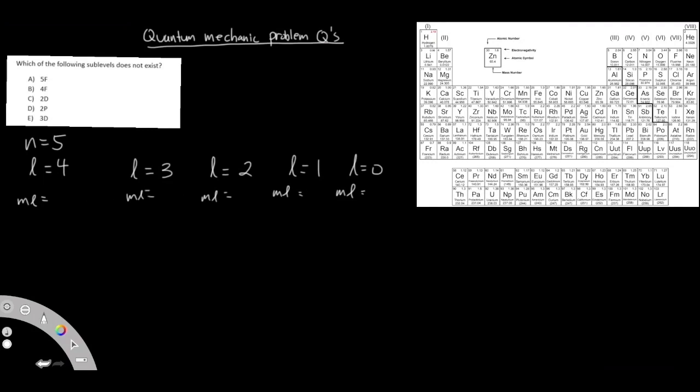Now we just have to make sure that this works out. So if we have L is equal to 0, L is equal to 1, L is equal to 2, and L is equal to 3, S, P, D, F, well, our 5 here is a 5F. So n would equal 5, but the F, as you can see here, L is equal to 3.